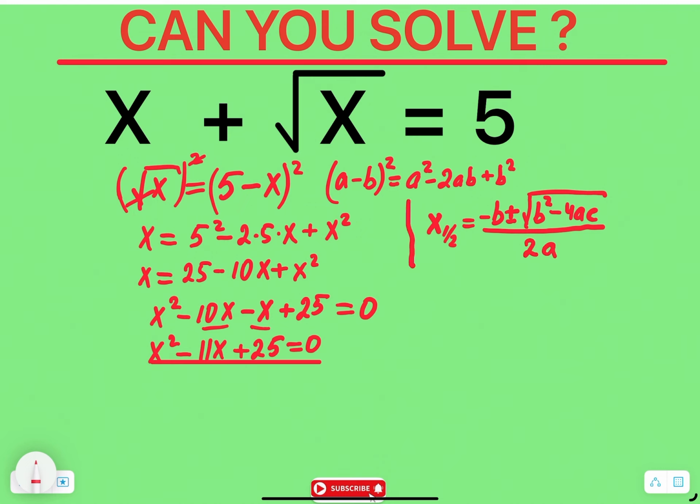This is a very famous algebraic formula for solving quadratic equations.